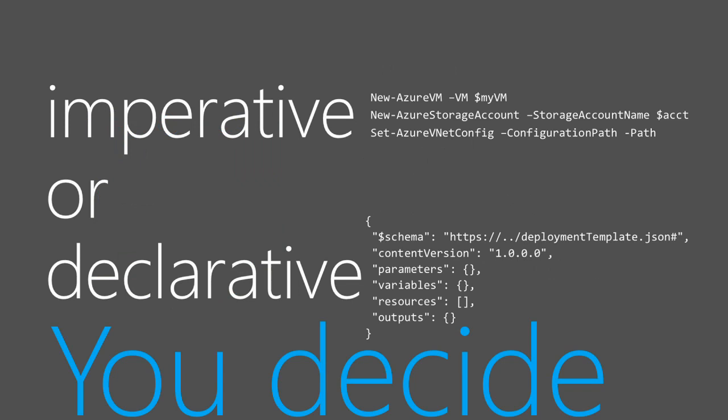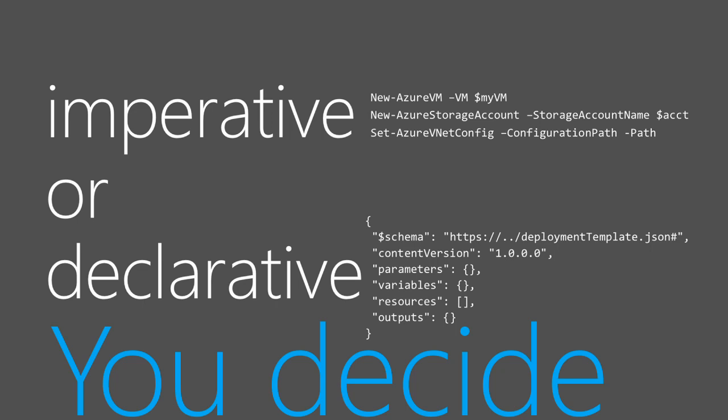So let's say you go out and you create this resource group. Great, now what? Well, you want to put resources into it. One of the common questions that we get from people is, how do I do that? While we do recommend a declarative deployment model for Resource Manager using templates, we do still support imperative-based deployment. So if you want to continue running your existing Azure VM commandlets with Resource Manager, you can still do that.